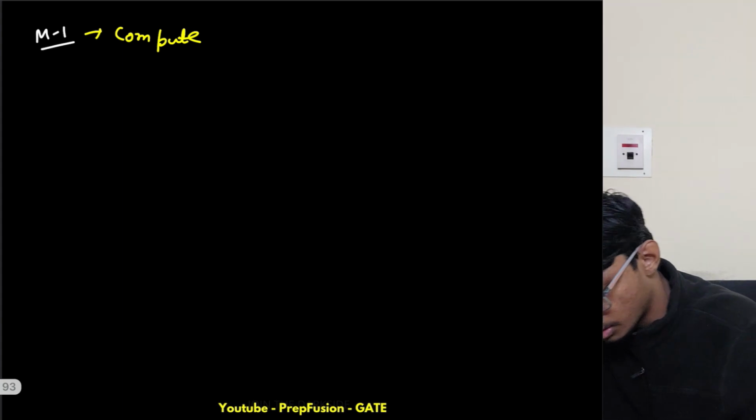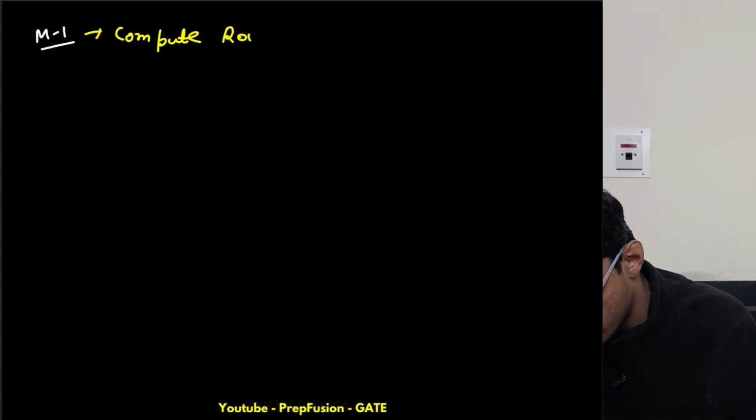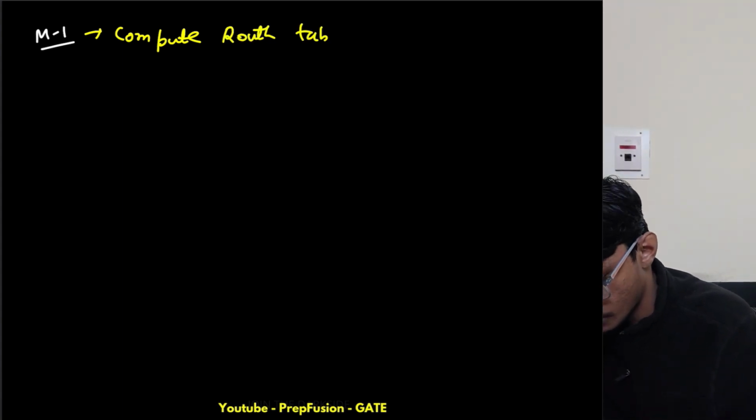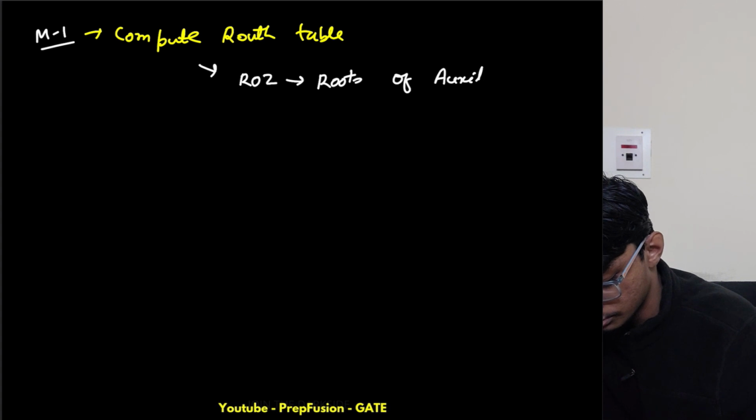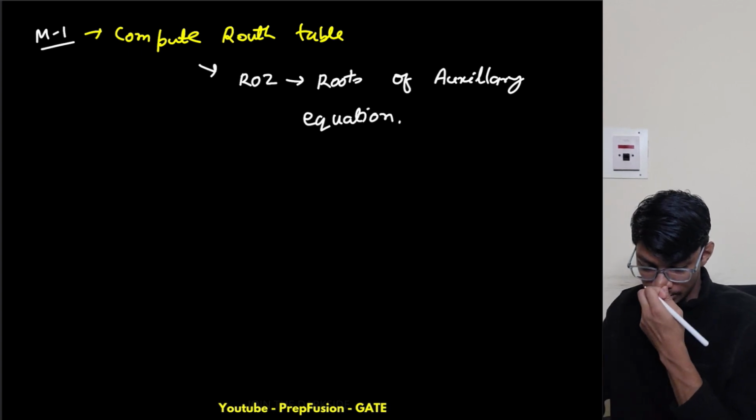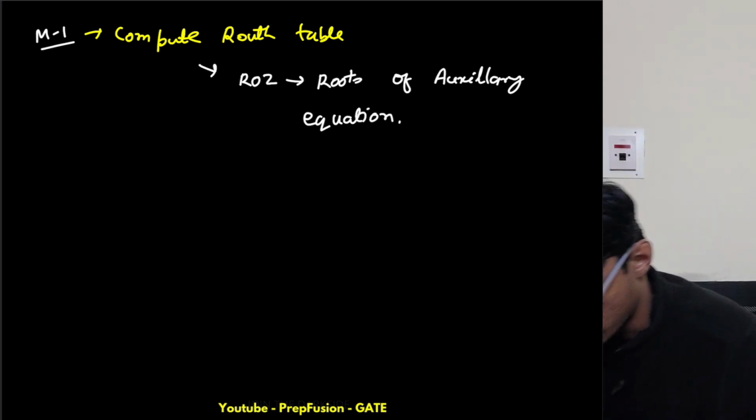You compute the Routh table, then find the ROZ, then find the roots of the auxiliary equation. But this is not the correct way, it is a lengthy method.